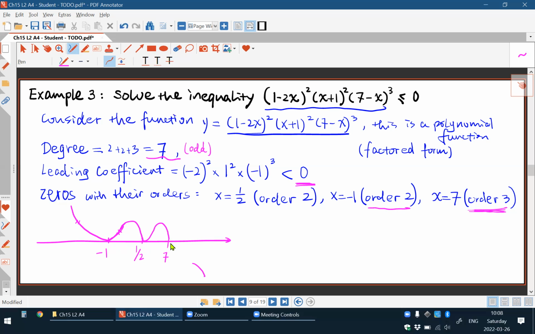At any zero where the order is an odd number, the sign should change, right? So before this zero it's positive, and after this zero it will become a negative number. Then basically it will have a sketch like this. And do not forget our task.